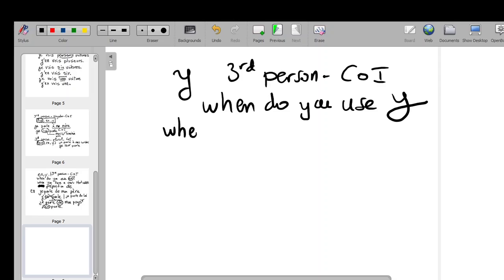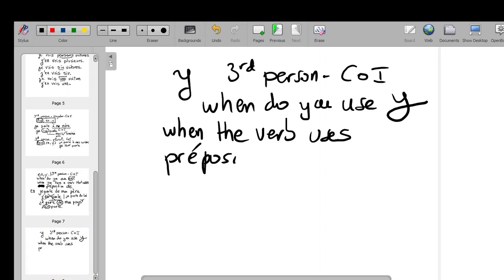It's when the verb uses the preposition à. Okay, so en is when the verb uses preposition de, and y is when the verb uses preposition à. So there's an opposition between the two.